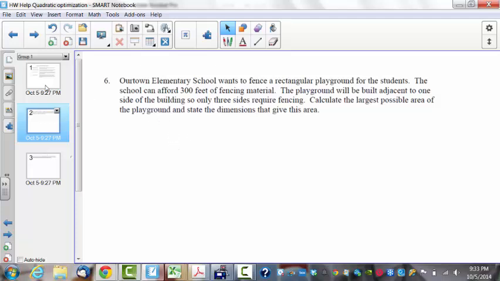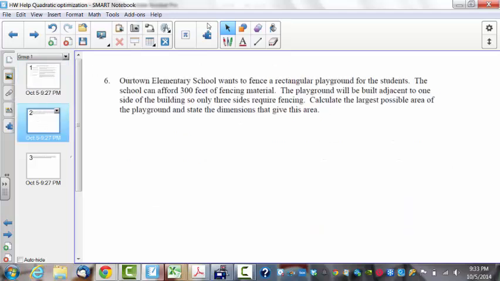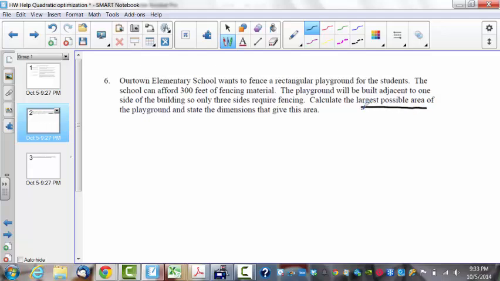The first step is to determine the quantity that is to be optimized, or in our case, maximized. The quantity that is to be maximized here is the area of the playground. Okay, so I'm just going to write step 1.